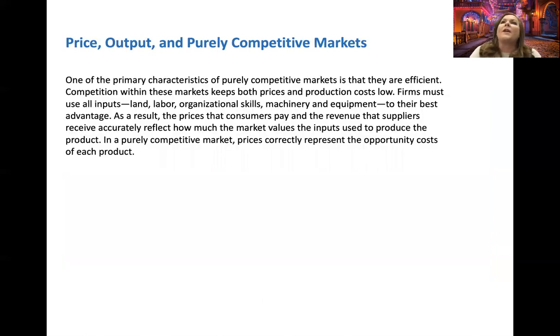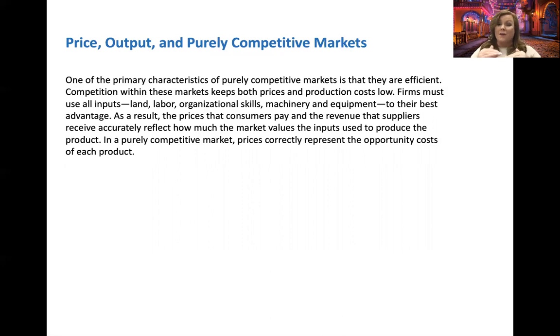So one of the best characteristics of a purely competitive market is that they are very efficient. They are very, very efficient at allocating resources, as well as keeping prices and costs low. So businesses, in order to compete, have got to keep their operating costs low, and they've got to use their resources to their best potential.